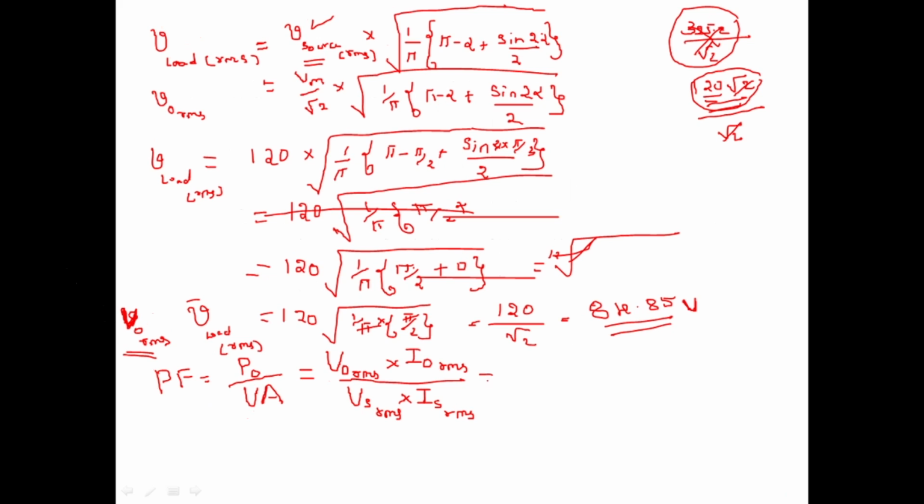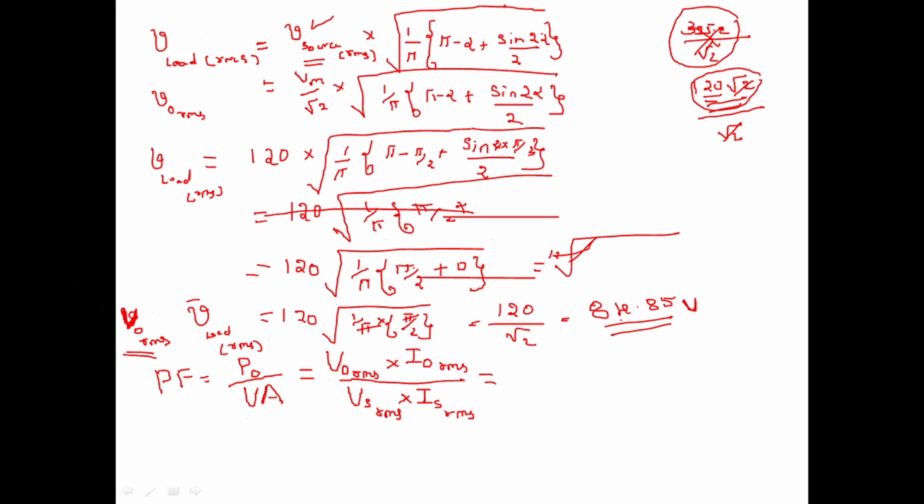So this is equal to, what is the formula for V0 RMS? We studied the V0 RMS formula just before, correct? This is source RMS into this. Or else we have already calculated V0 RMS.